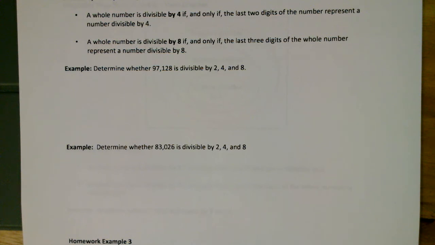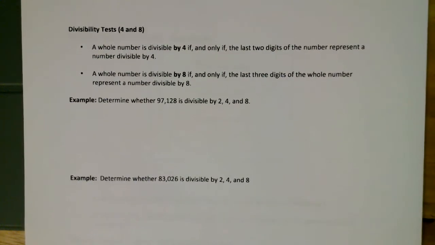Now, let's talk about the divisibility test for 4 and 8. A whole number is divisible by 4 if and only if the last two digits of the number represent a number divisible by 4.